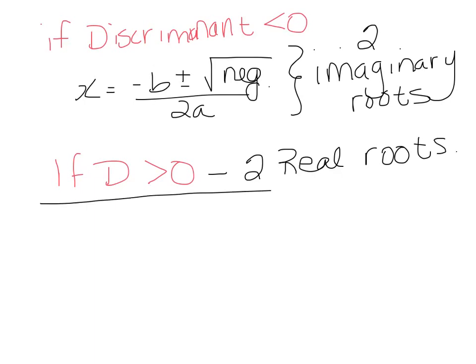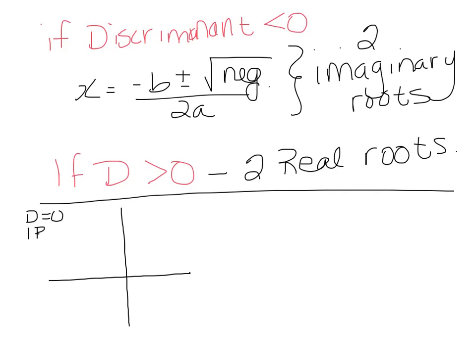Alright, so let's talk about these graphically. When you're looking at a graph, what does it mean when the discriminant is equal to 0 and you have one real root? That means your graph, and I don't know if it opens up or down, has one x-intercept.